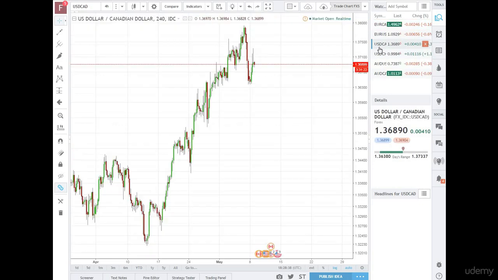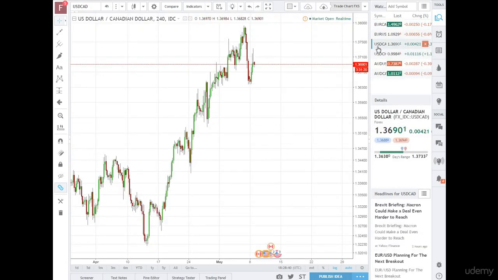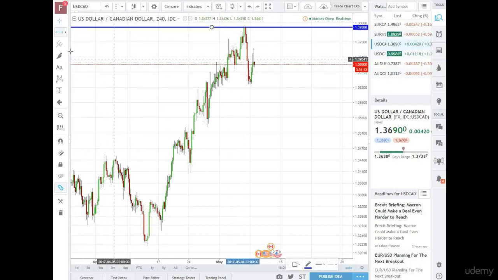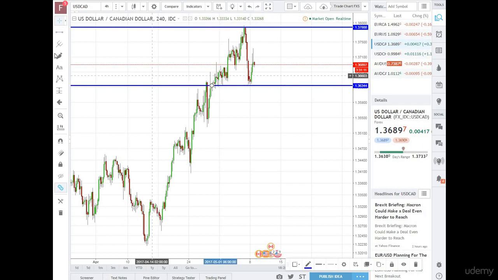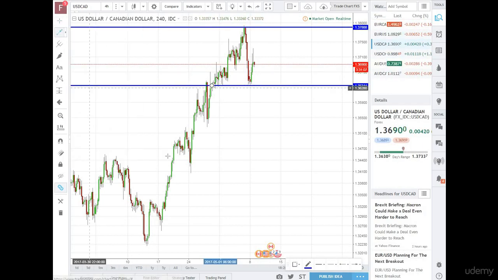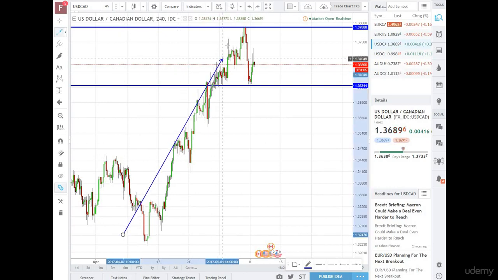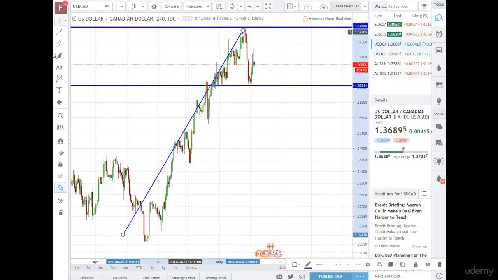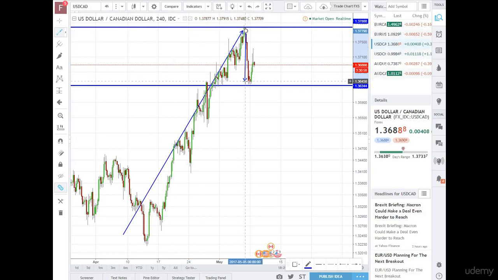Furthermore, if we have a look at the US dollar Canadian dollar, we will see two price levels, one, two. Price went bullish, price got rejected, and then price bounced.